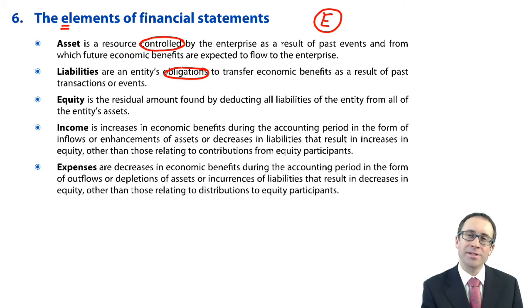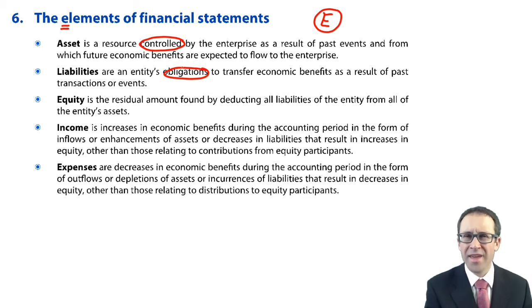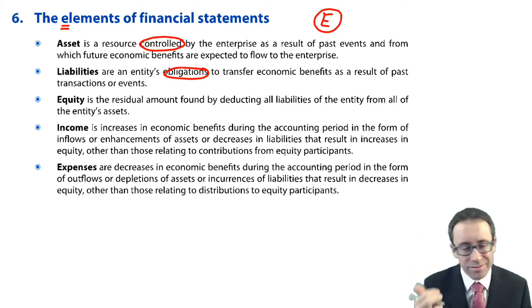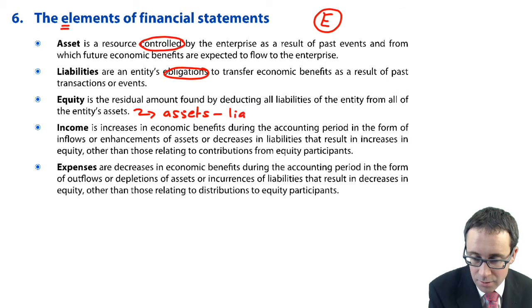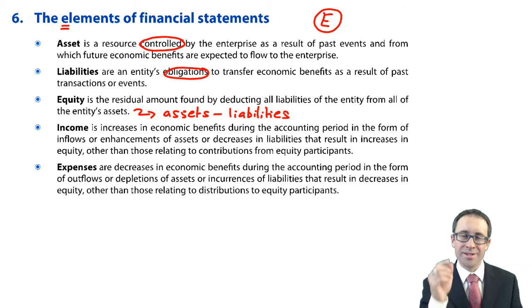Equity: the equity definition will probably be updated at some point in the future, but for now, equity is the residual amount found by deducting all liabilities of the entity from all of the entity's assets. It's crazy. But essentially it's saying that your equity is equal to your assets less all of your liabilities.